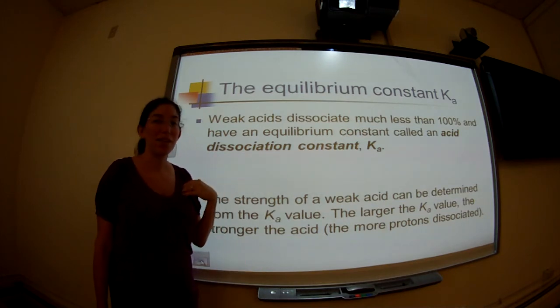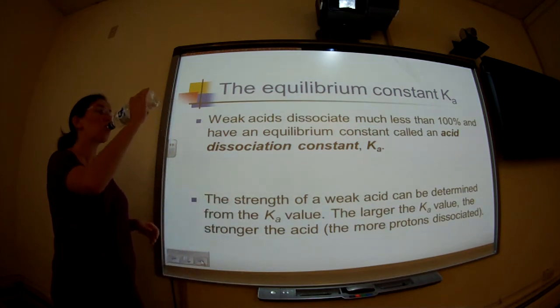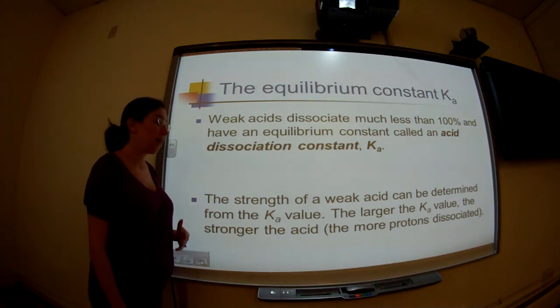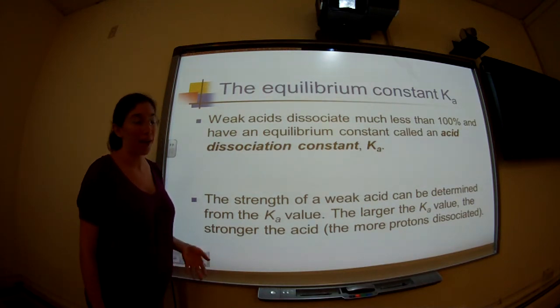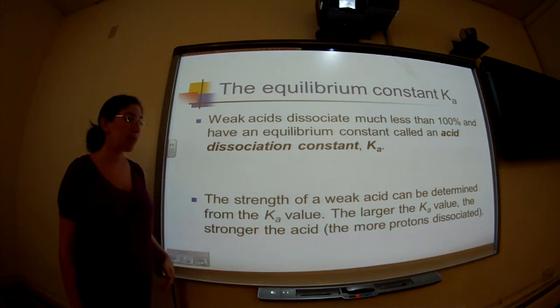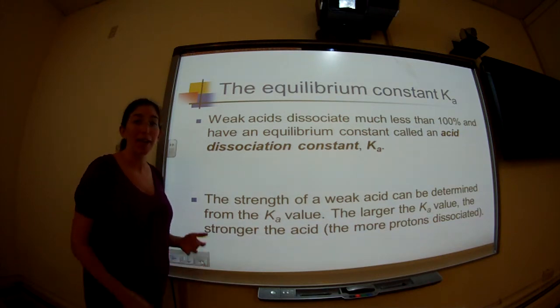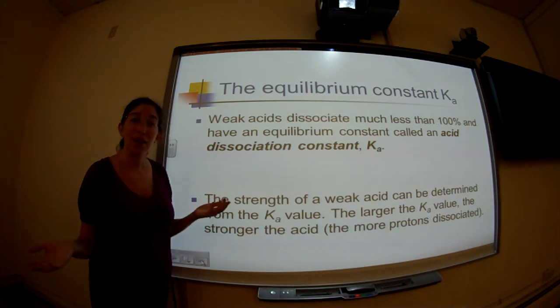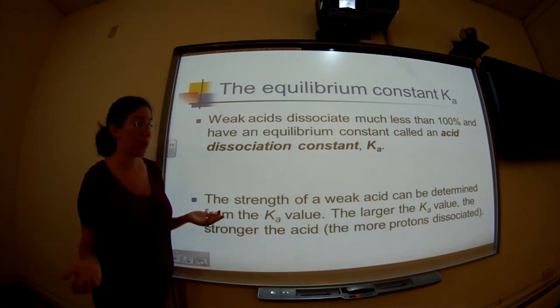But it's the same thing, same formula. And it helps us to determine the strength of a weak acid or a weak base, the same way the K value helps us determine whether products or reactants are favored.